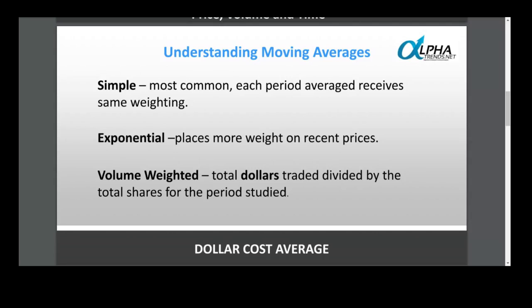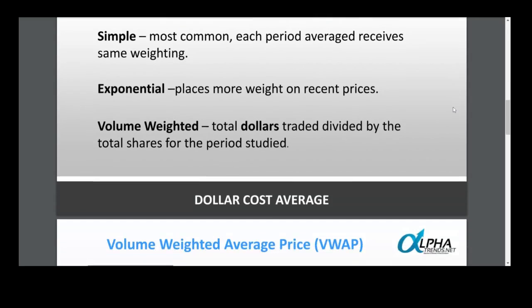If you paid $20 one month, $30 one month, $32, and each month you're buying $500 worth, you're going to have an odd number of shares each month. Your cost basis is your volume weighted average price. So we'll look at some examples.